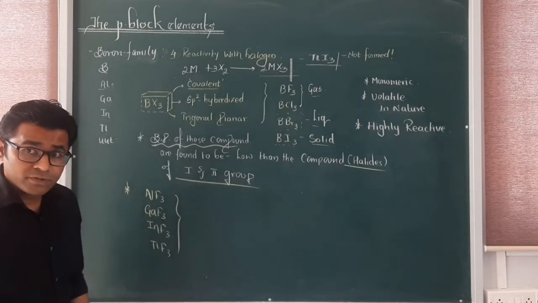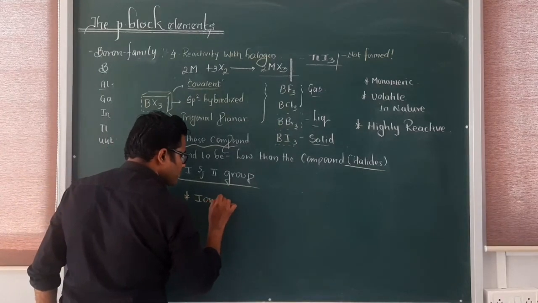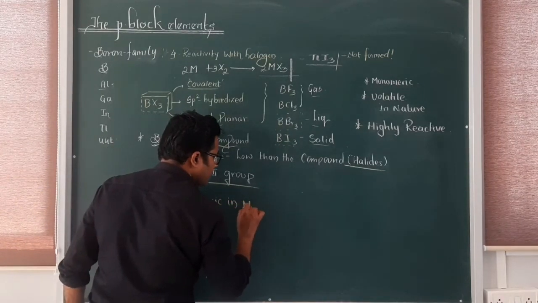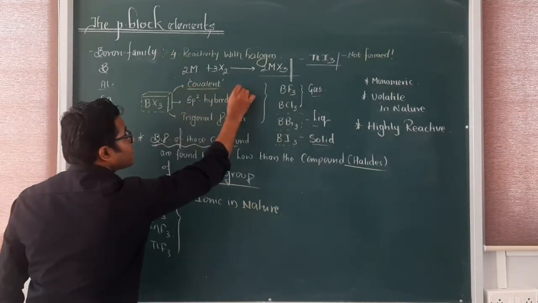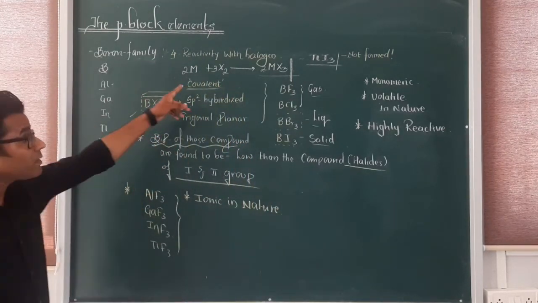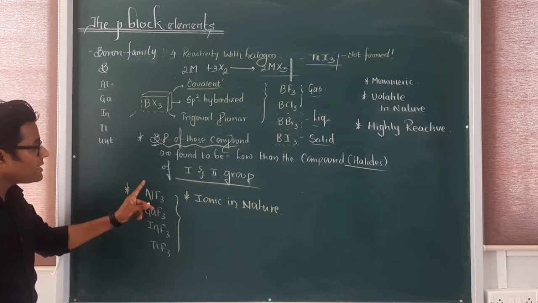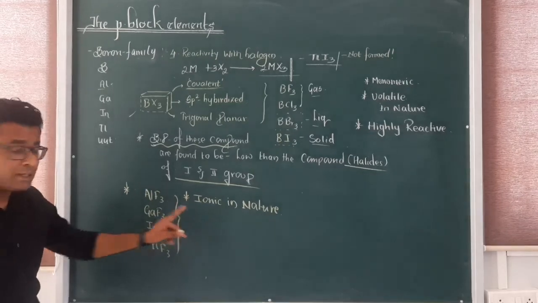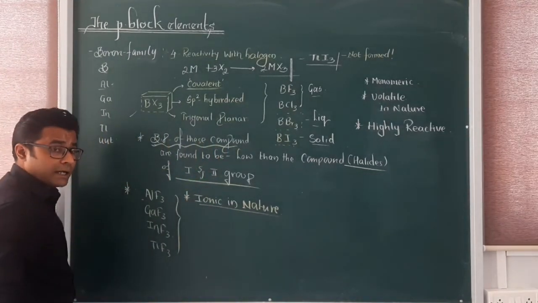These compounds are actually ionic in nature, while boron halides are covalent in nature. Therefore, I have not included BF3 in this case. So from aluminium fluoride onwards, all of these are ionic in nature.